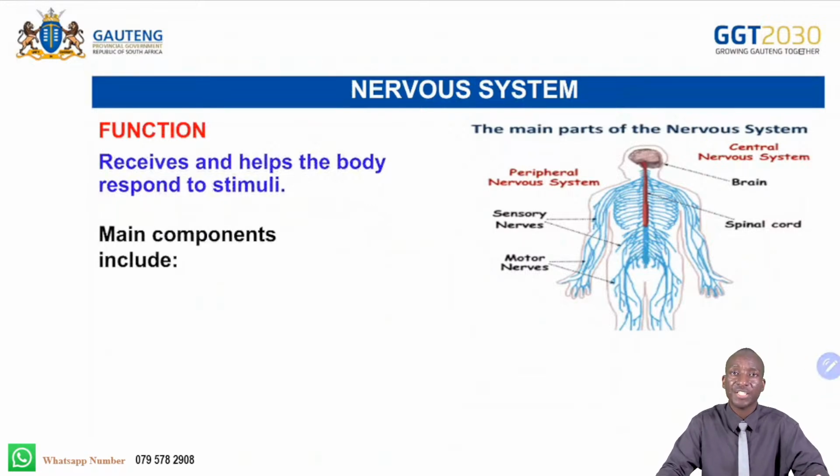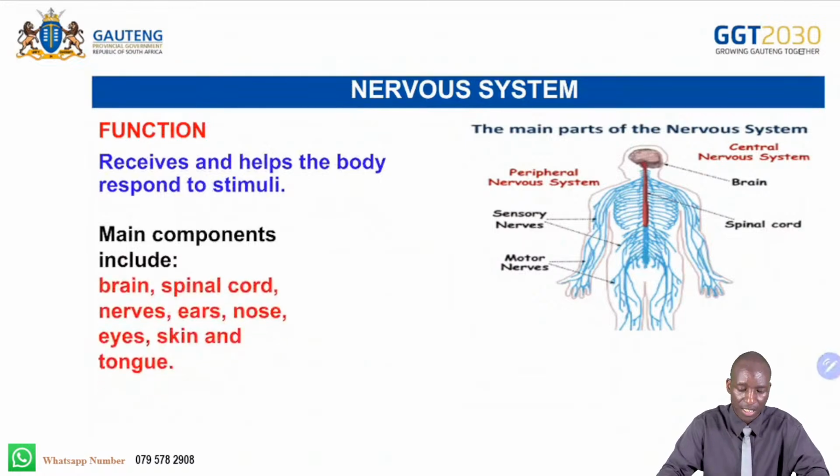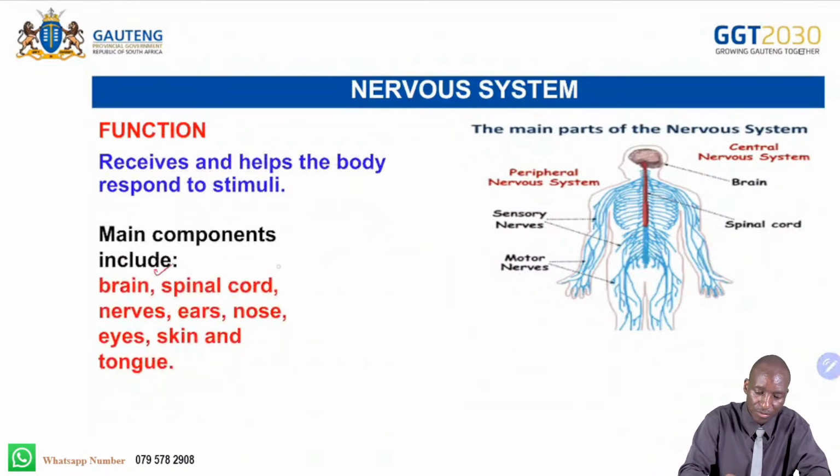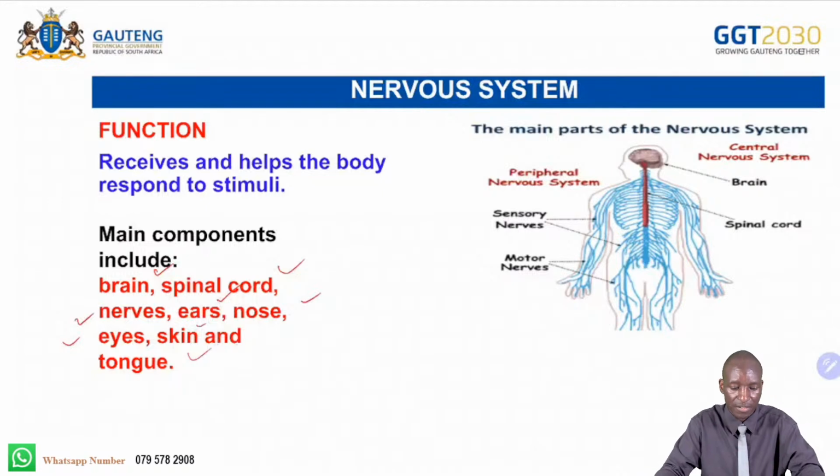The main components of the nervous system include the brain, the spinal cord, the nerves, the ears, the nose, the eyes, the skin, and the tongue.